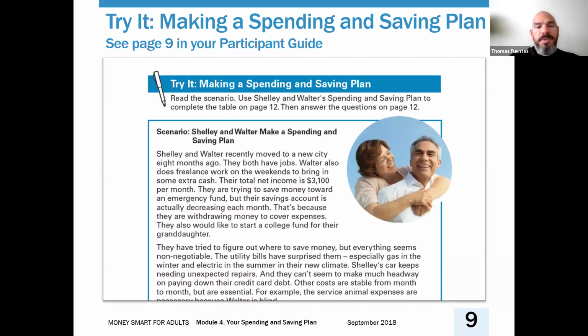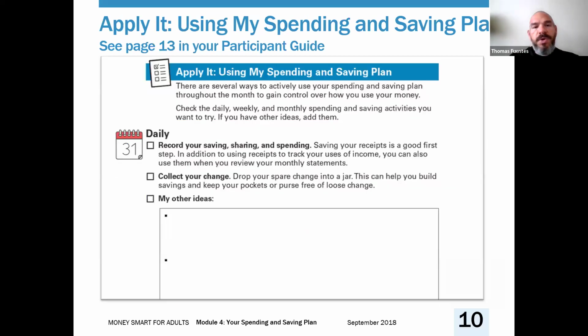Again, in the participant guide, we have a situation with Shelly and Walter, and they're creating their spending and savings plan. You can do this after the workshop, but essentially, you've done it yourself in the first try it section where we're laying out your items, and in this one we're going to record their items so that we can better identify their spending and create a plan for them as well.